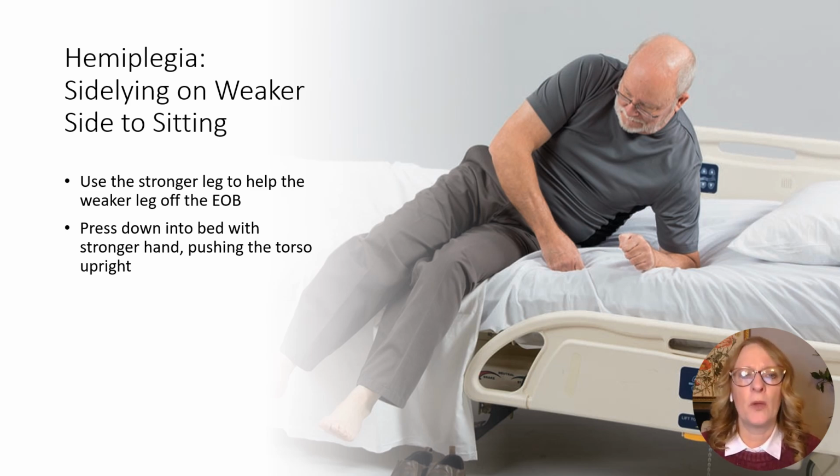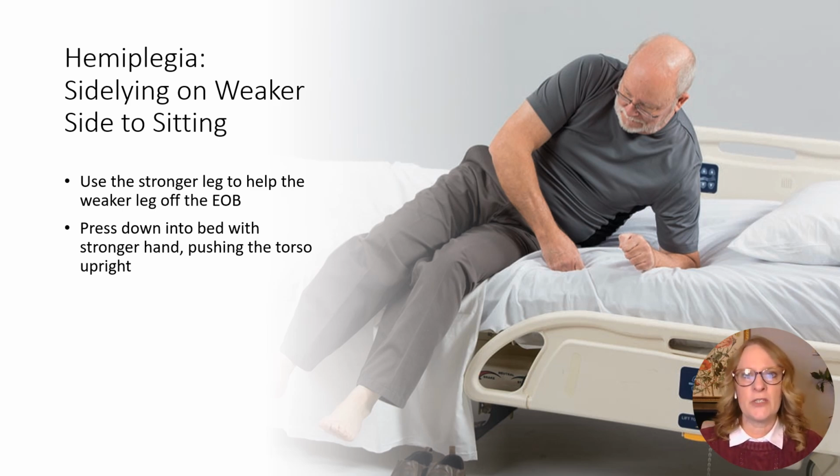So, when we're working with someone with hemiplegia and we're going, say, side lying onto the weaker side to sitting, that means they're lying on the affected side, that weaker side, and we're trying to go up to sitting. So, you're going to use the stronger leg to help the weaker leg off of the edge of the bed. And in your handouts, we actually start with supine over to sit at the edge of the bed.